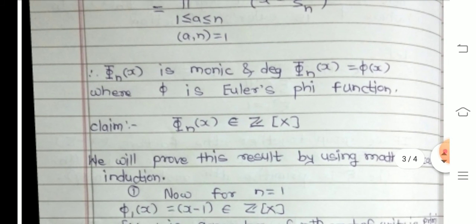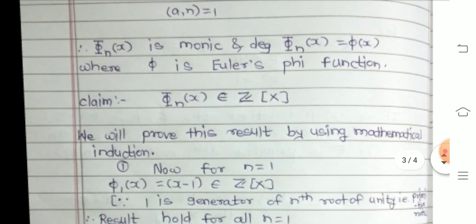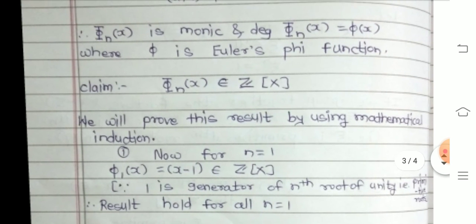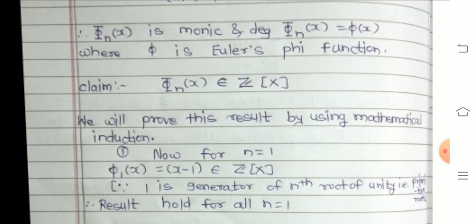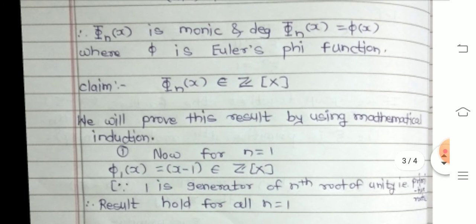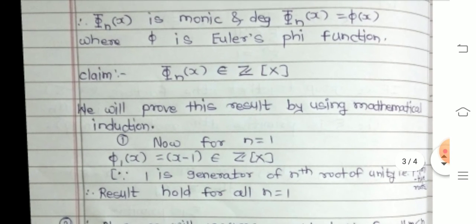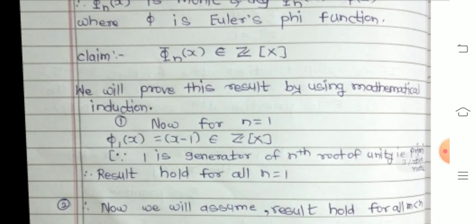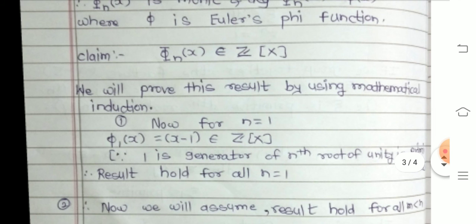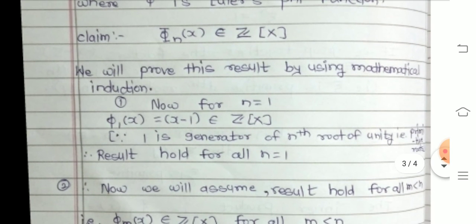Here we will prove this result by using mathematical induction. First, for n equal to 1, this implies that Φ_1(x) equals x − 1, which belongs to Z[x]. Here 1 is the generator of the 1st roots of unity, that is, 1 is the primitive root.